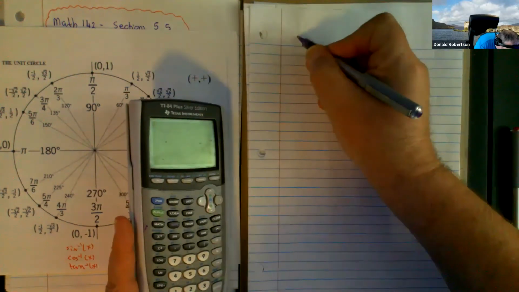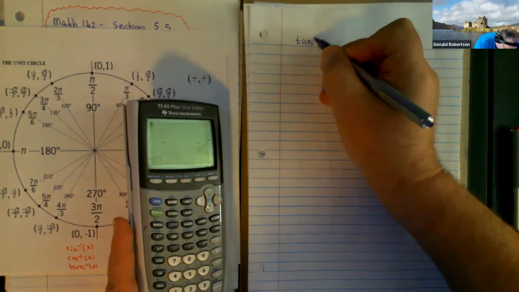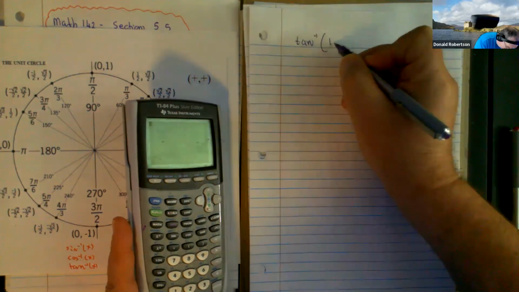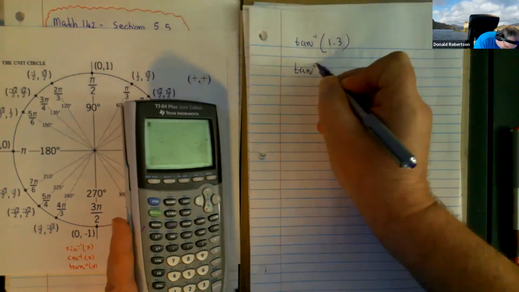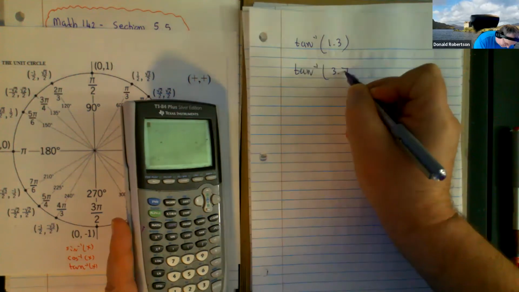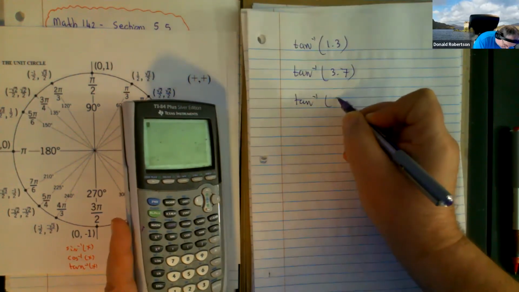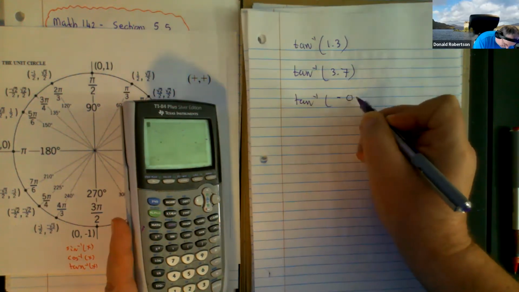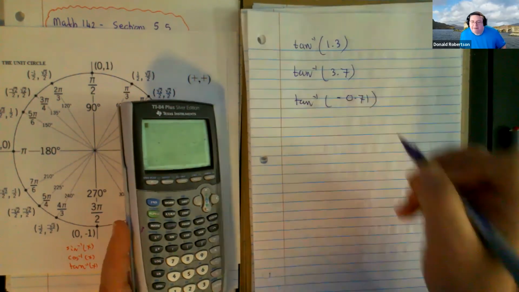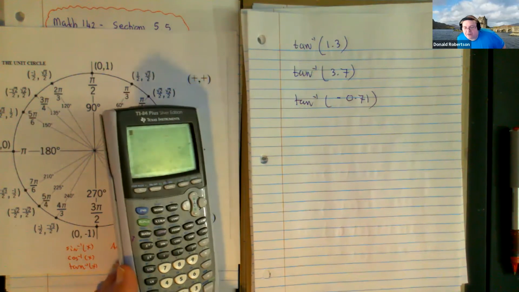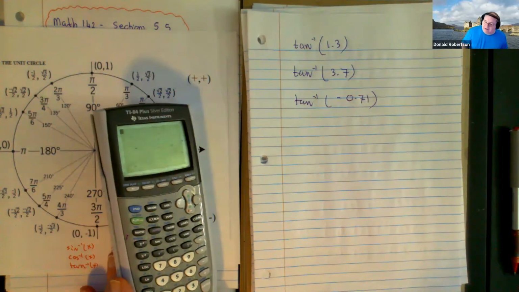Well, I'm going to work backwards. We're going to do them using the calculator first. Now, one of the things about the inverse tangent is its domain is all real numbers.